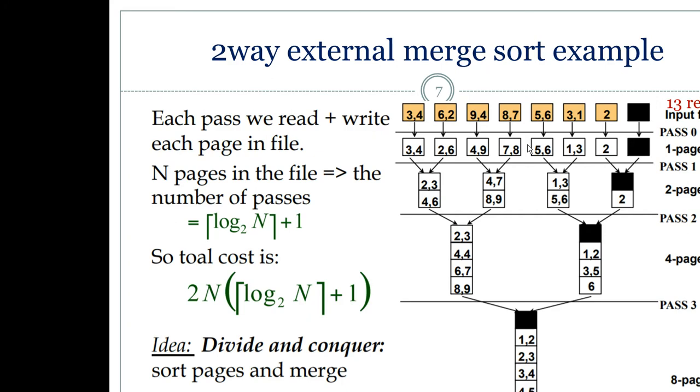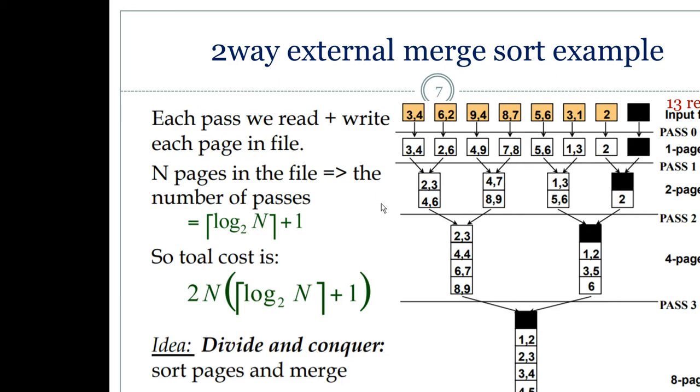So this is the output of pass 2. This will be given as an input to the next pass. Okay, so in pass 3 we have to consider this first run and second run. Again the same block diagram we have to remember, and again we consider 3 and 4, whichever is smaller will be written onto the output buffer, and likewise.